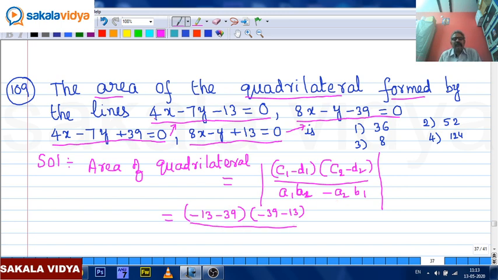So, A1 B2, A1 is 4, B2 is minus 1, so that is minus 4, minus of A2, A2 is 8, into B1, B1 is minus 7. It is mod.